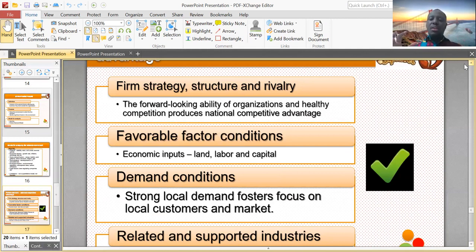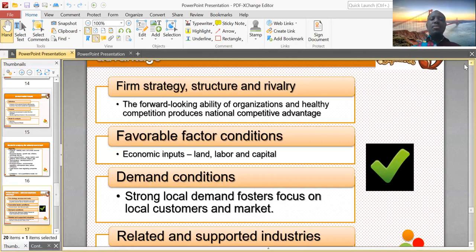There are 2 things that help to drive or produce national competitive advantage, which is the strategy of the firm, which is the forward-looking ability of the firm, and also the healthy competition that exists between companies in a country. All these things help to produce national competitive advantage.